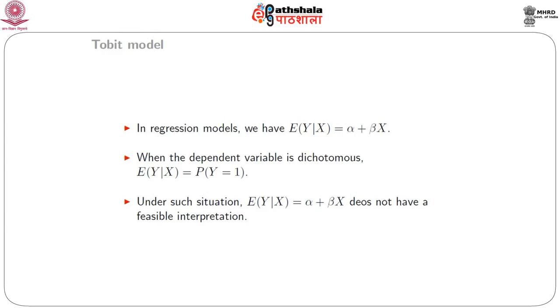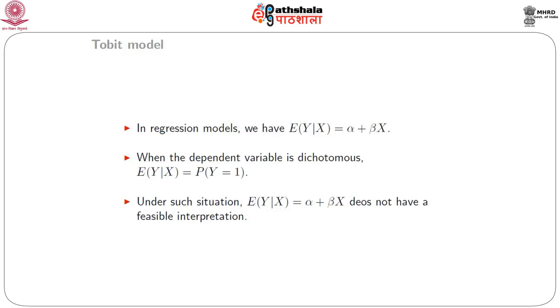However, the predictor variable x is continuous and the right hand side alpha plus beta x can now take any value over the range negative infinity to positive infinity. So there is a problem of fitting the linear regression model to a setup where the response variable is dichotomous or takes values 0 and 1, because that way we can end up with a prediction of y which is outside of the range of y.